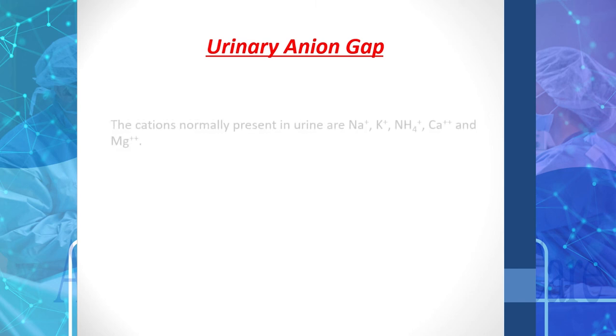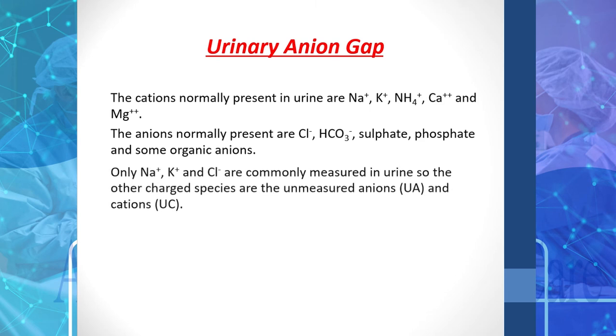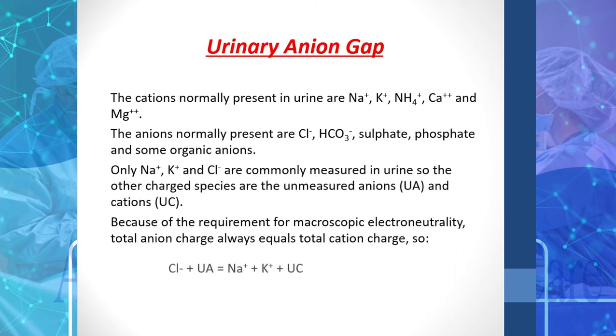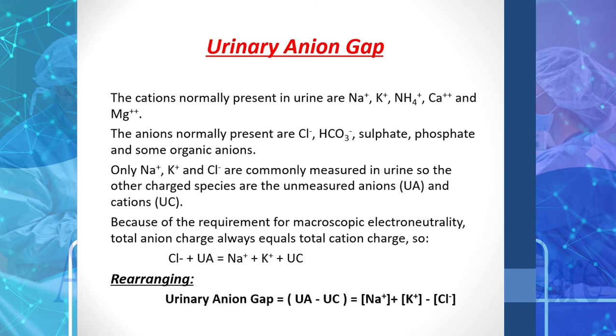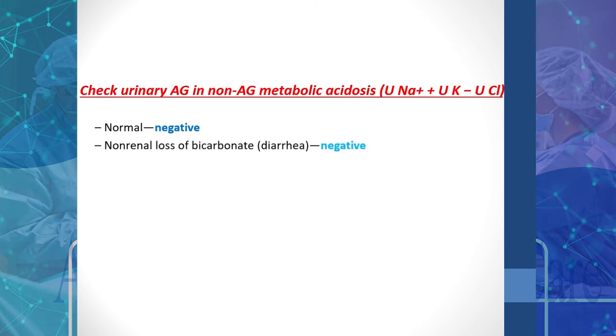Urinary anion gap, this is usually used to diagnose renal tubular acidosis. Okay, electroneutrality should be maintained also in urine, and the urinary anion gap is calculated by sodium plus potassium minus chloride. Normally the urinary anion gap is negative. With non-renal loss of bicarbonate like diarrhea, the urine anion gap will also be negative.